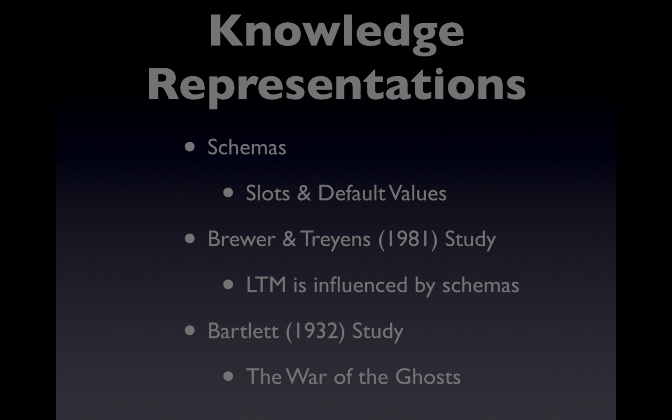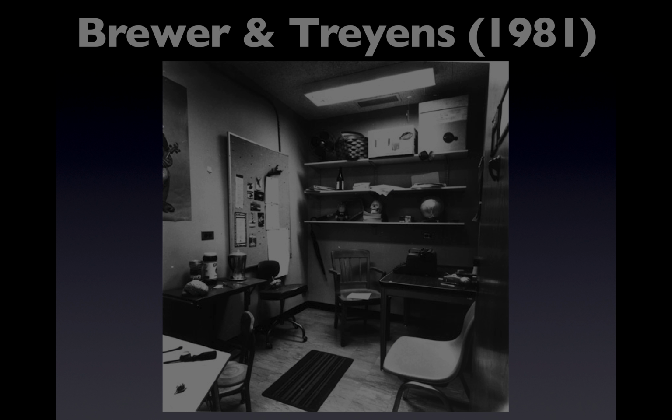So first, the Brewer and Treyens study. The way it worked was participants would sign up for an experiment, kind of like you sign up in Sona to go participate in an experiment. And they'd show up to the experiment, and one of the experimenters would meet them and say, okay, we just need to get some things ready. Come on in here and have a seat.